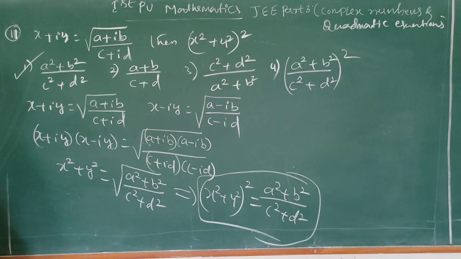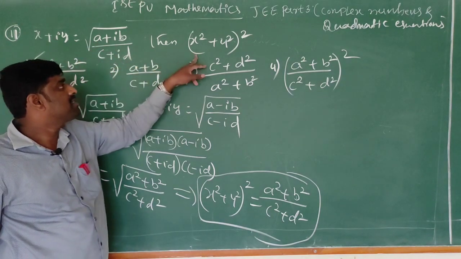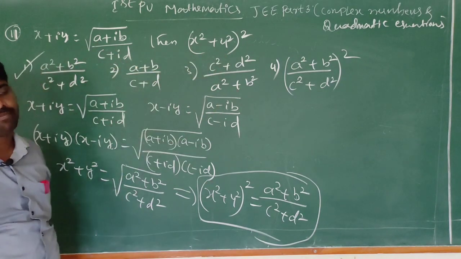Observe children once again. x plus iy equals square root of a plus ib divided by c plus id, then x square plus y square whole square.